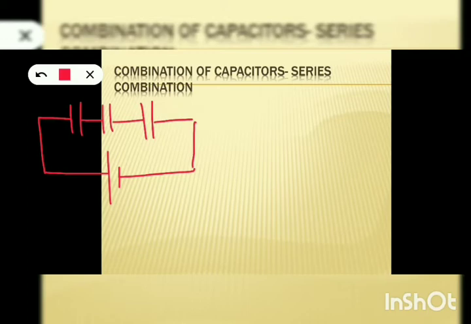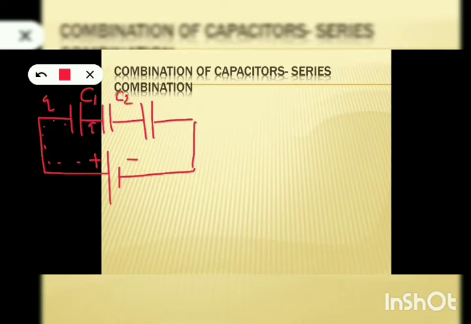The charge starts to flow from the positive terminal of the battery to the first capacitor. Let the capacitance of the first capacitor be C1. Then that charge Q flows through the first capacitor C1. After crossing C1, the same charge Q flows through the second capacitor.